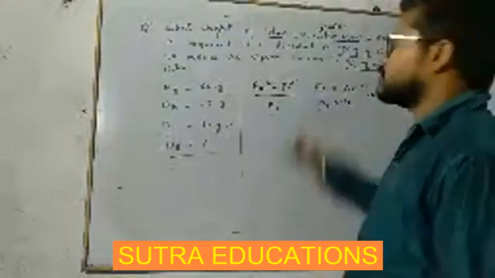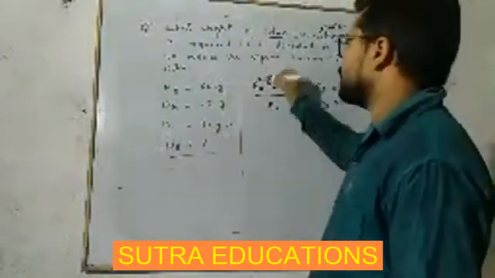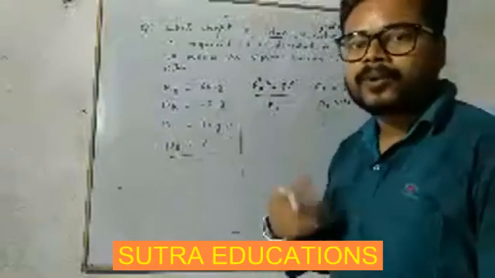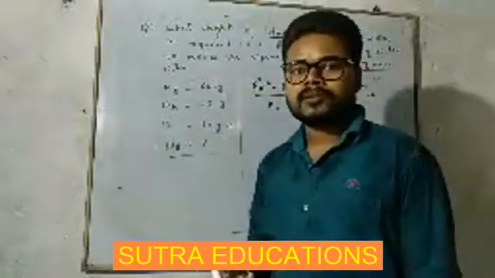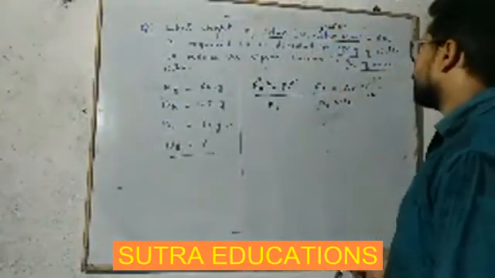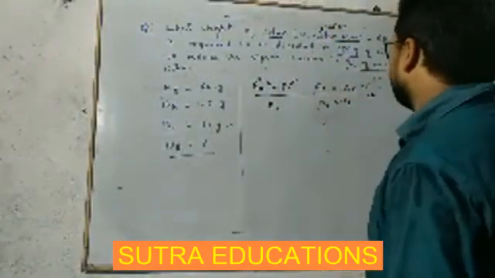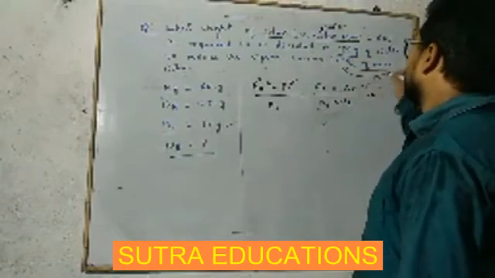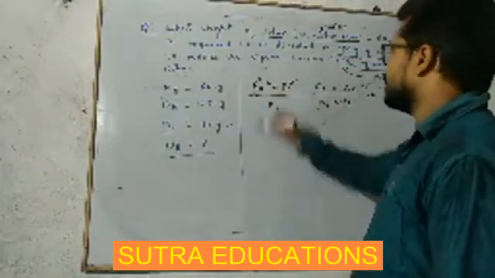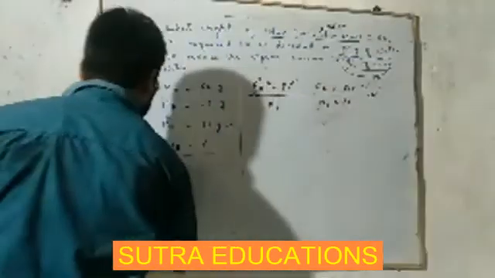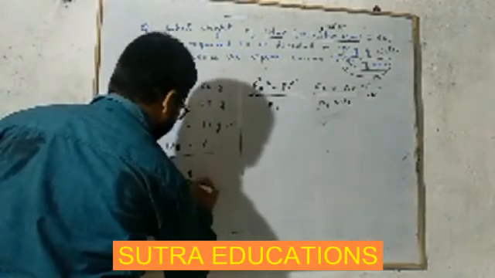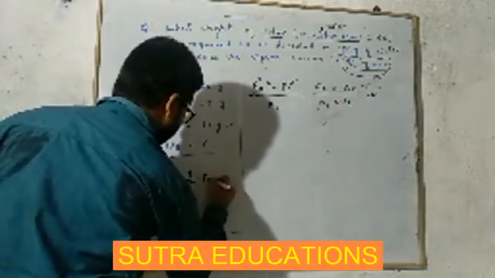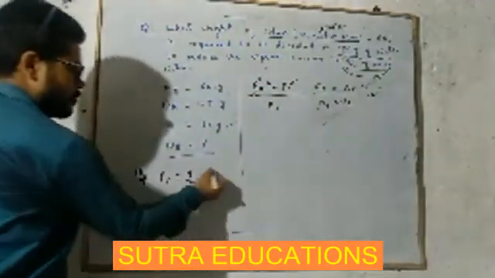PS is the vapor pressure of the solution, and PA0 is the vapor pressure of pure solvent. Solvent here is water, so this is the vapor pressure of pure water. According to the question, PS is equal to 4 by 5 of PA0.